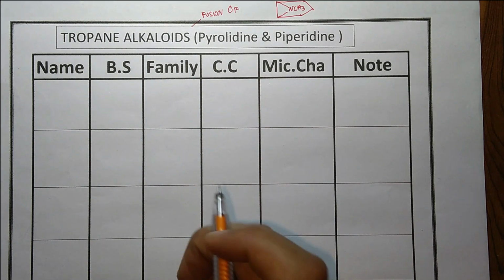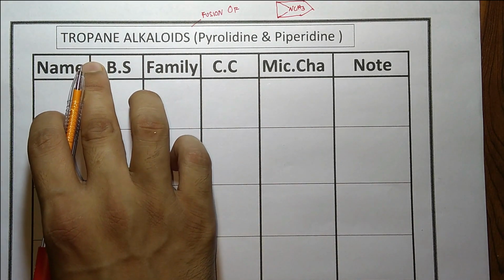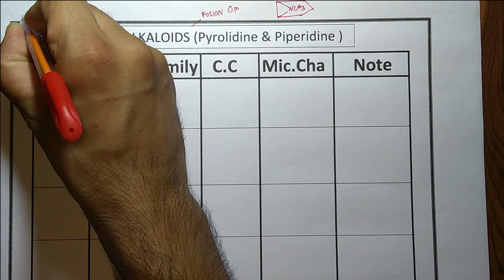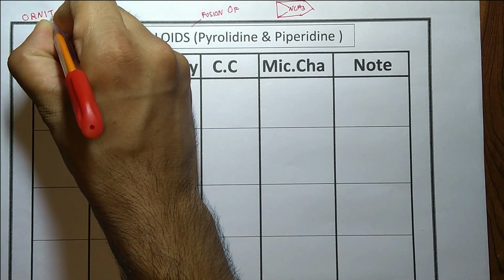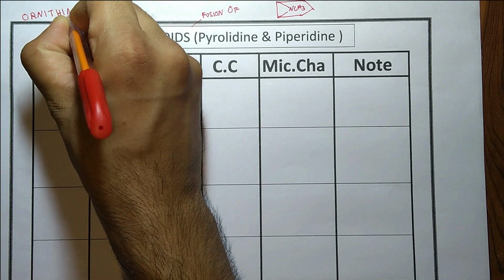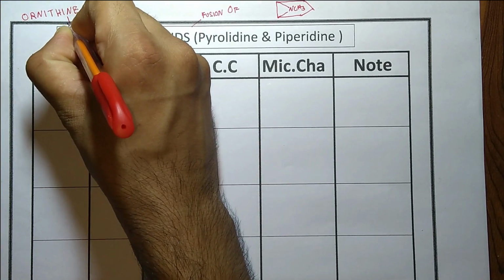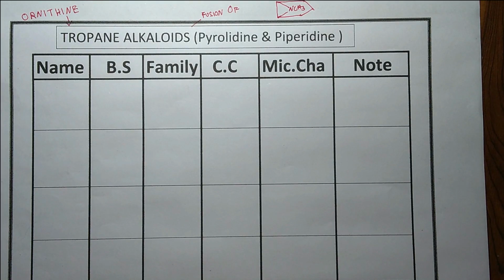Before starting, we just tell you that ornithine is the starting material of tropane alkaloids. Now the first drug is stramonium leaf.